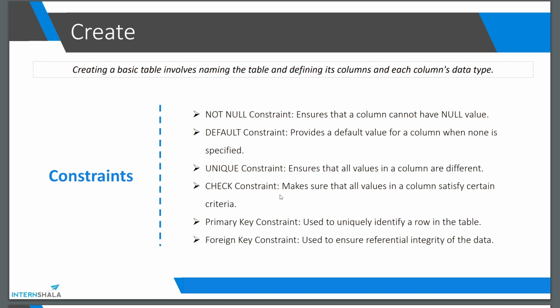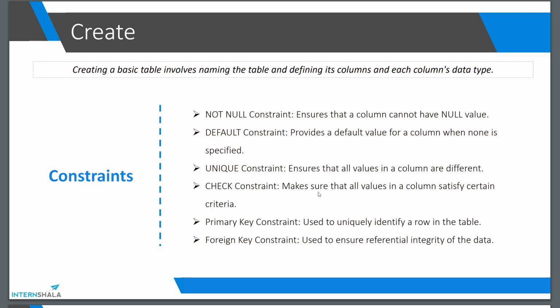Now let's see what constraints we have in SQL. Not null, which means there should be no null values in that column. Default constraint provides a default value for a column when none is specified. When there is no value specified by the user, then it will take a default value. Unique constraint ensures that all the values in a column are different. As I said, the customer ID, which we give as a number, should be unique.